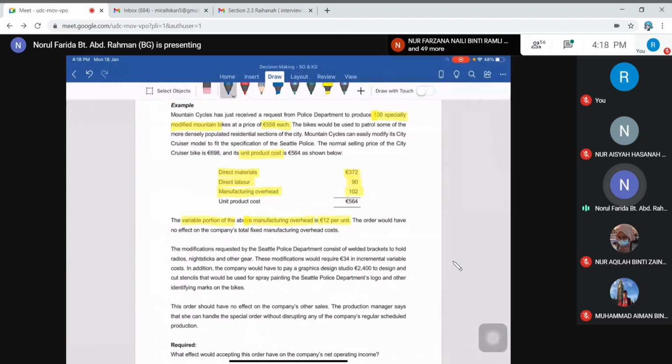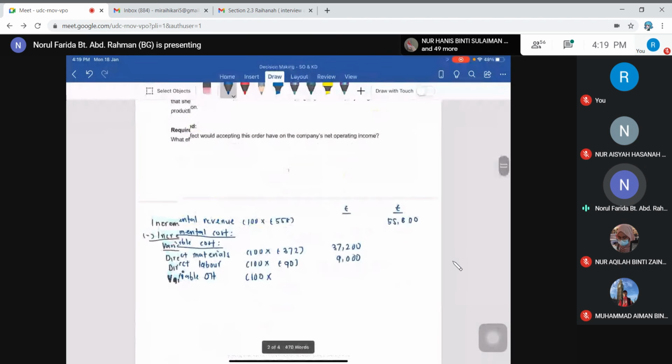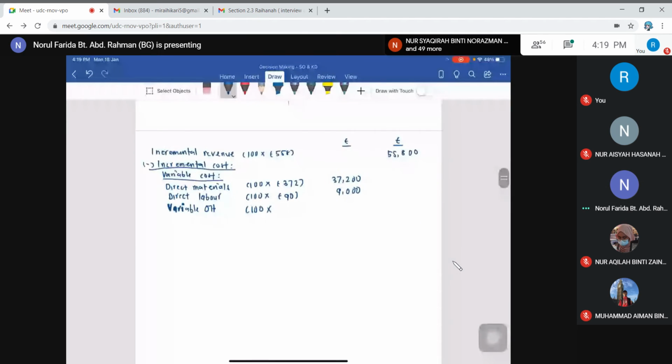So manufacturing overhead is split into variable and fixed. Variable is 12, meaning fixed is 90. So variable overhead is 1,200.